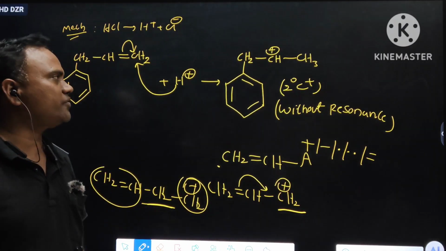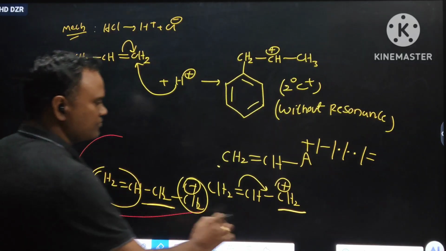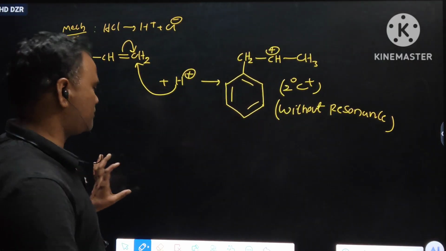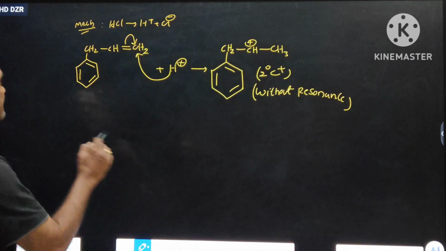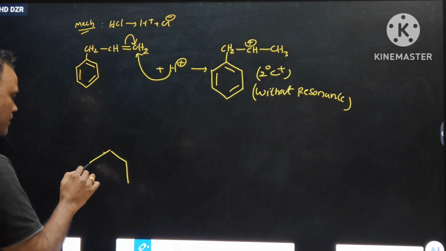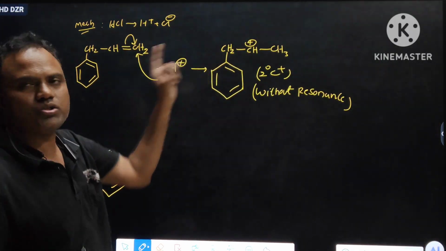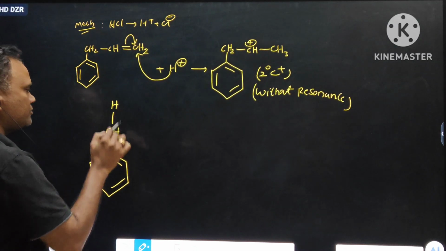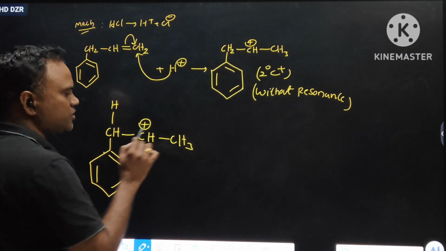Now let us see what happens if we shift the hydrogen. I am writing this CH2 like this, CH, H, then CH positive and CH3.